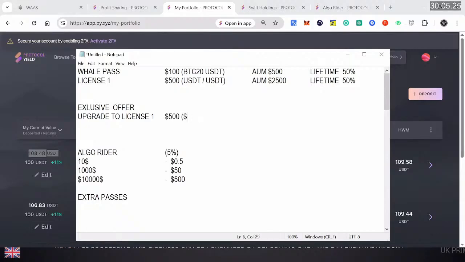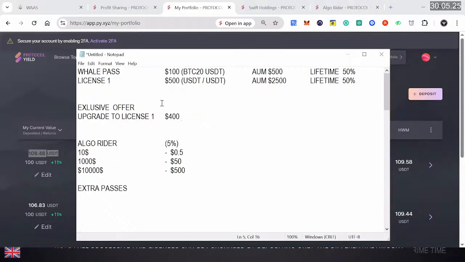That is, by paying only $400. Is it correct? So let's correct it here. So all those who have purchased whale passes can now upgrade to license 1 by paying only $400, right?